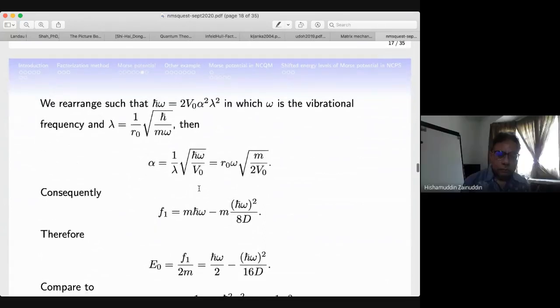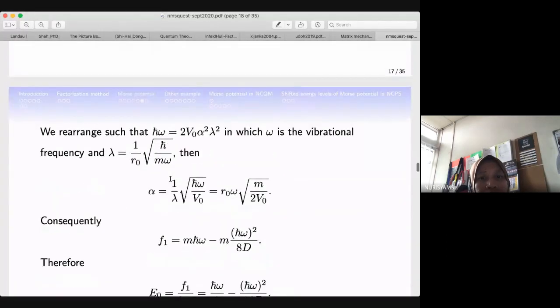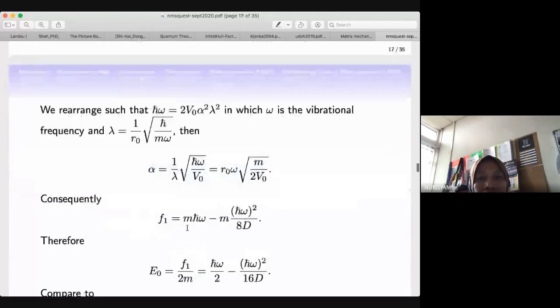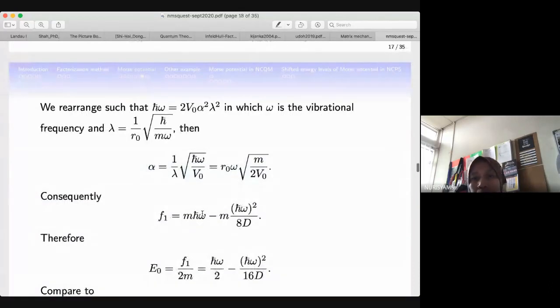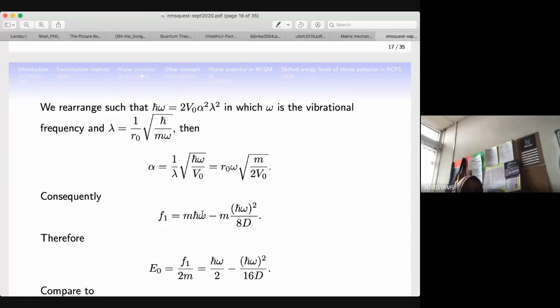And then consequently, after you define those, you can write your F1. So F1 is the following, having alpha square root A. It's given by this, so this might be more well known to you.